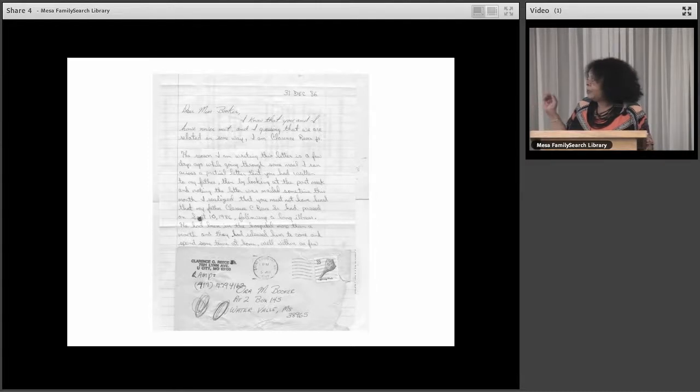Then, by looking at the postmark and noting the letter was mailed sometime this month, I realized that you must not have heard that my father had passed on September 10th, 1986. You notice they spell their name R-E-E-C-E. We spell ours R-E-E-S-E. I've been trying to locate this family ever since she gave me this letter. No luck so far.